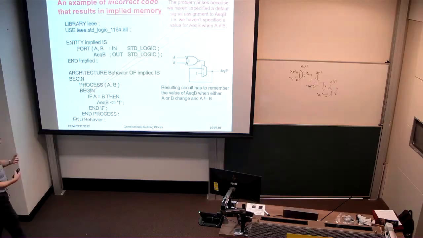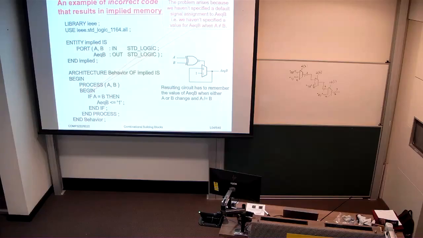And that's the beginnings of how sequential logic is implemented. All right? So this is saying when A equal B equals 0, we don't want to change, when the output of this XNOR gate is 0, we don't want to change the value of A equals B. But when the output of the XNOR gate is 1, we want to assign it a 1.